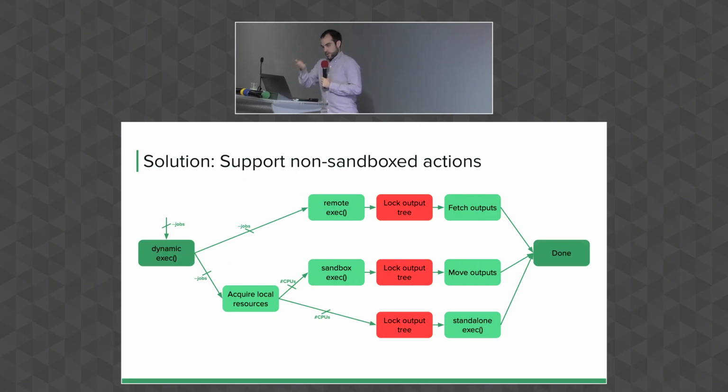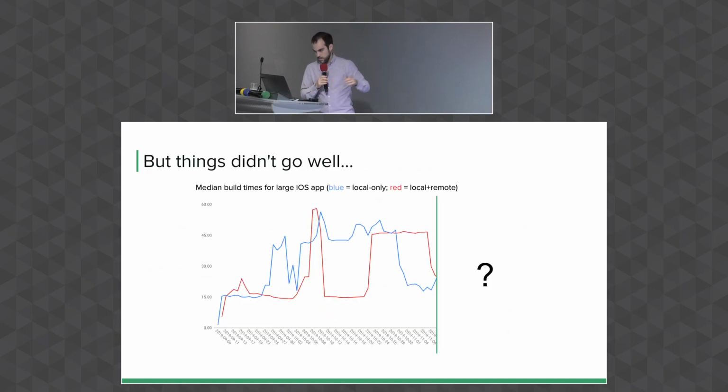Now the problem is we rolled this out to some teams and we got this, right? These are median build times measured from the users' laptops for one specific iOS app. Blue is the local-only build times, and red are the dynamic build times. Based on what I have explained until now, you would expect dynamic builds to always be better than local builds, right?